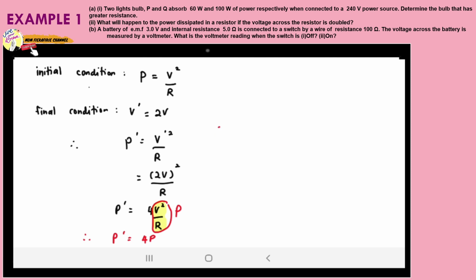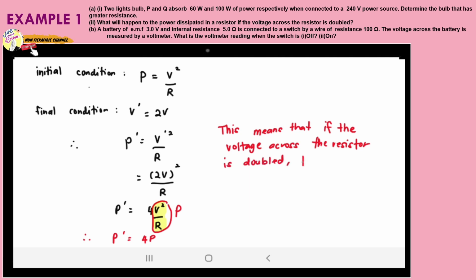This means that if the voltage across the resistor is doubled, the power dissipated in the resistor increases by a factor of 4.